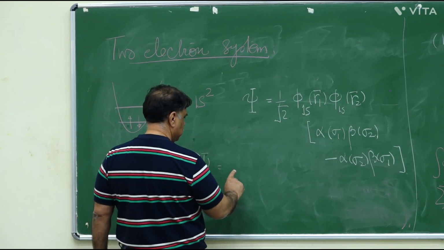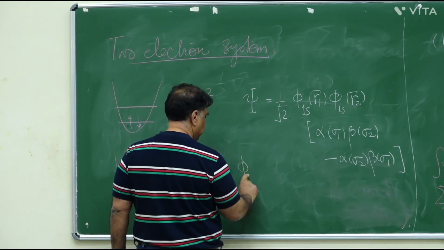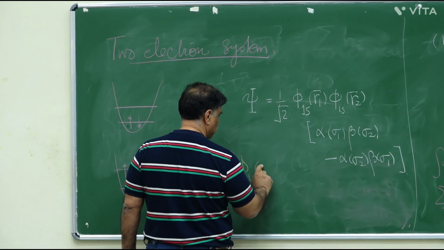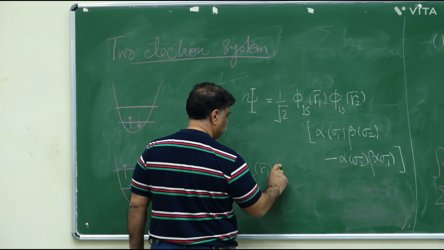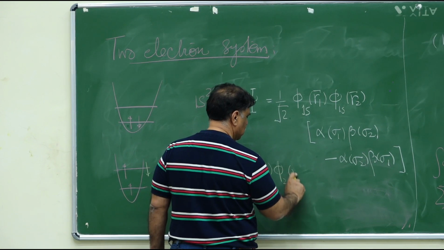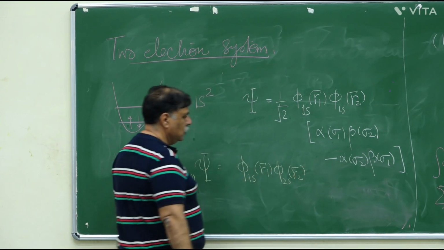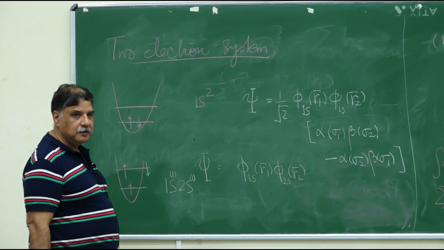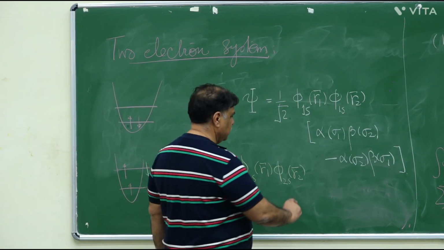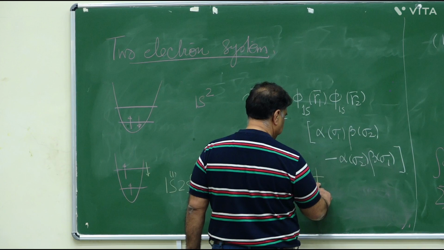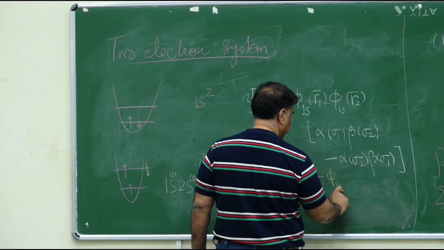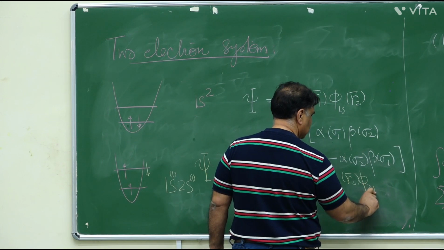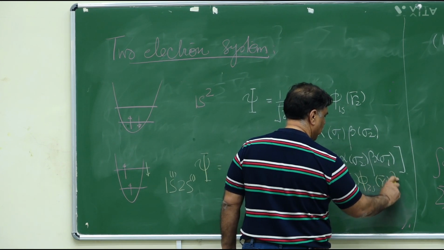Then the wave function would be phi 1s R1, phi 2s R2. But that is not taking care of the indistinguishability, so I'll make it symmetric: phi 1s R2, phi 2s R1.